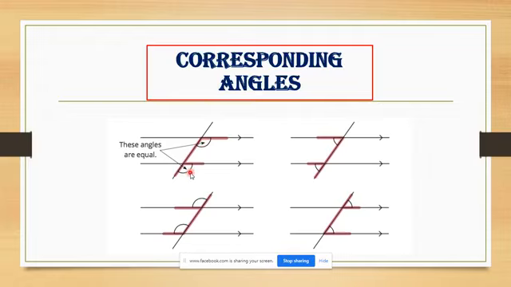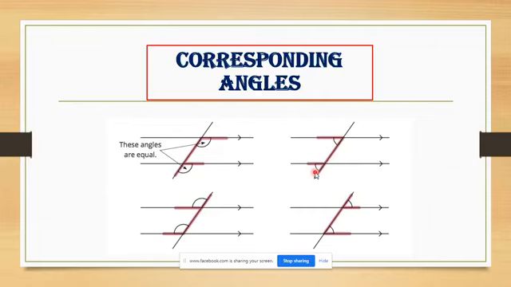There are 2 angles, and this pair is known as corresponding angles. Again, if we see the left side of the transversal and the lower part of the parallel lines, there is one more pair. So, this pair is also known as corresponding angles.